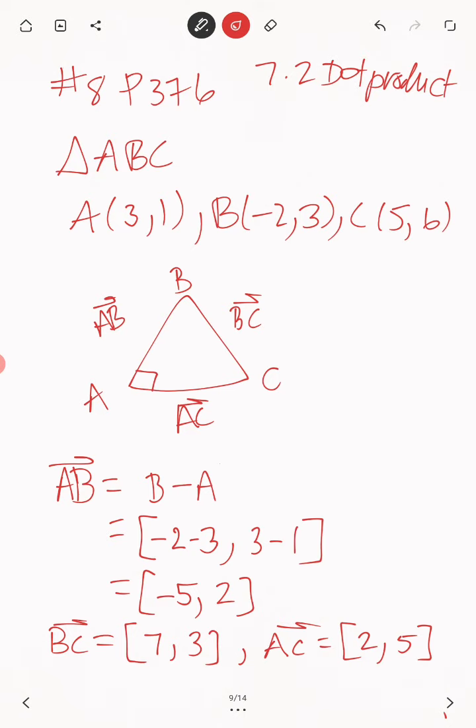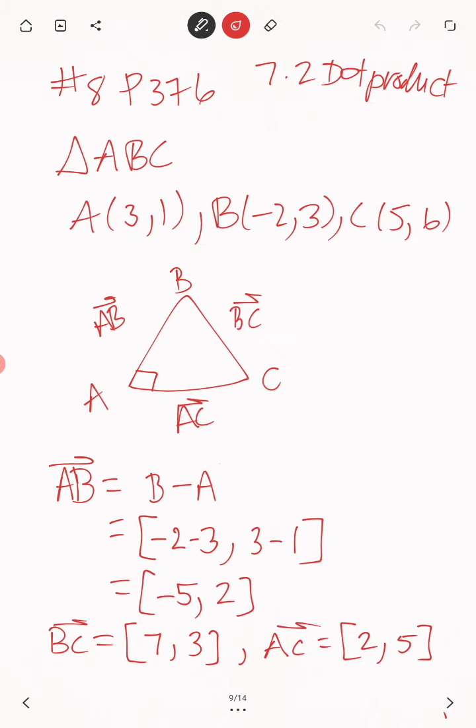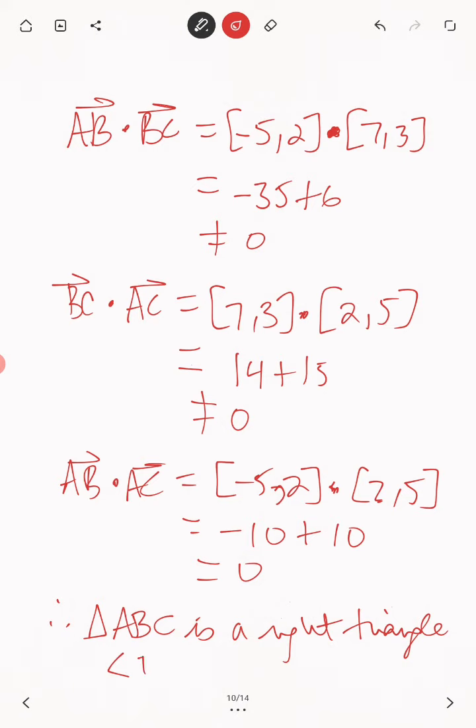Therefore triangle ABC is a right triangle, and it would be angle BAC equals 90 degrees.